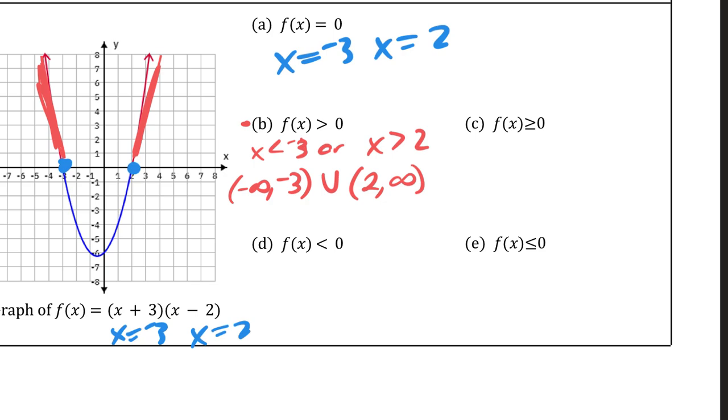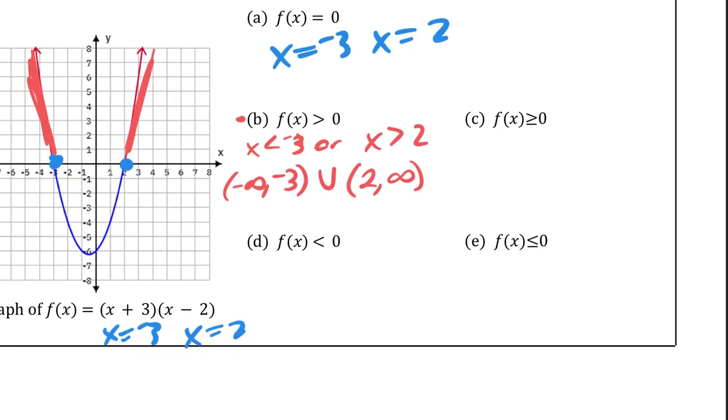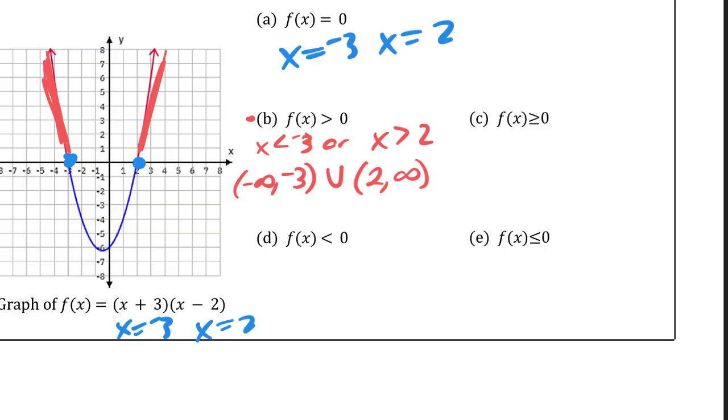And then C goes from greater than 0 to greater than or equal to 0. So how is my answer for C going to differ from my answer to B? We're both talking about greater than 0, so what changes from B to C? It's still going to be less than, but now it's less than or equal to -3, and that's going to change the interval to brackets.